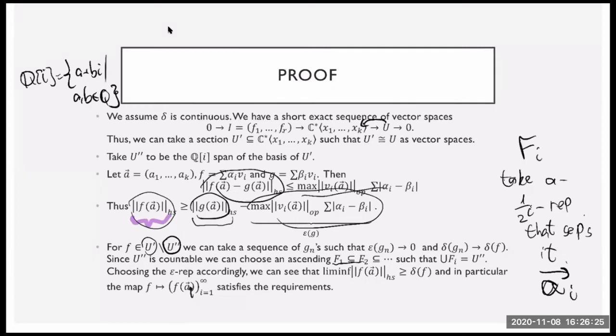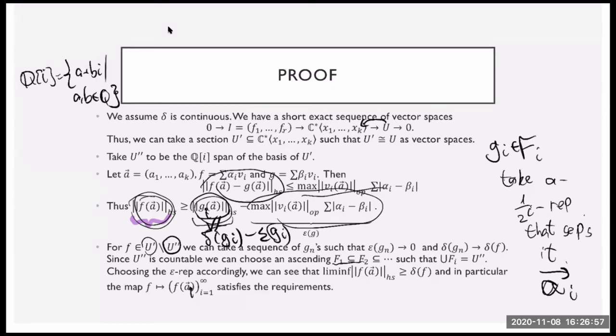Okay, but this fact means that when you go further in the epsilon representation, without loss of generality, we can assume that GI lives inside FI. So we just showed that the Hilbert-Schmidt norm of F is bounded away by the Hilbert-Schmidt norm of G, which is strictly larger than delta of GI minus some epsilon of GI that tends to 0.